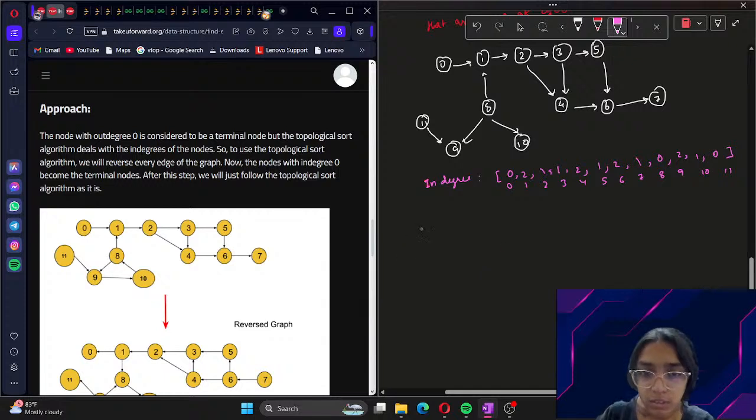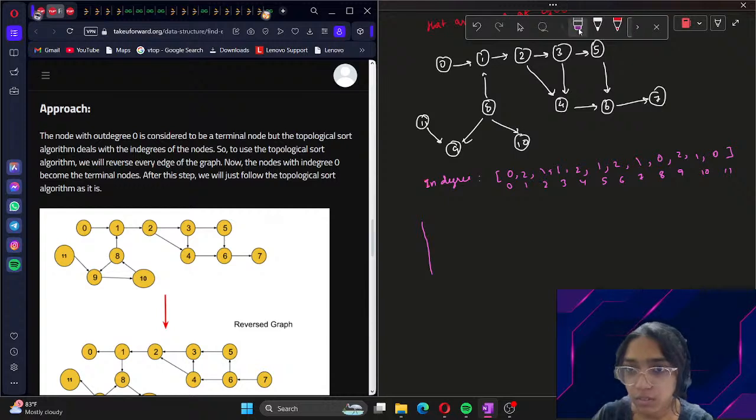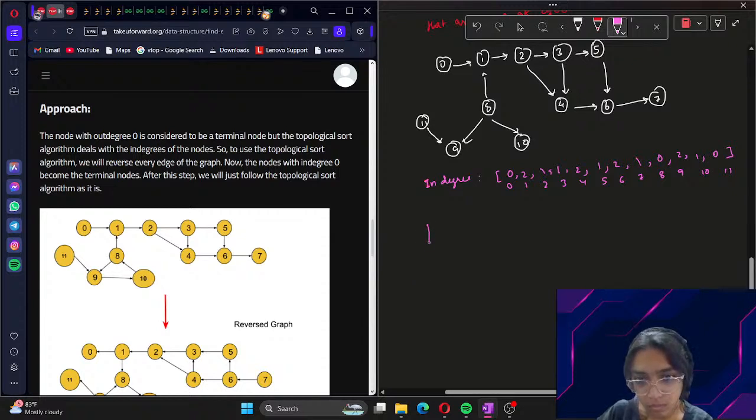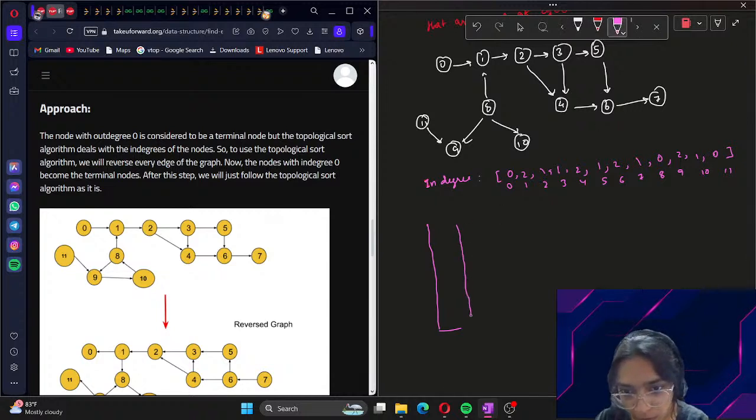Okay, so what topological sort does is it considers this as a queue. I'm so sorry, my diagram is so bad.